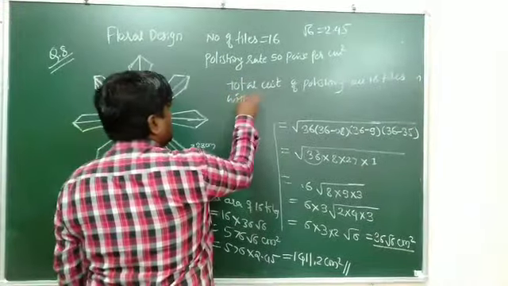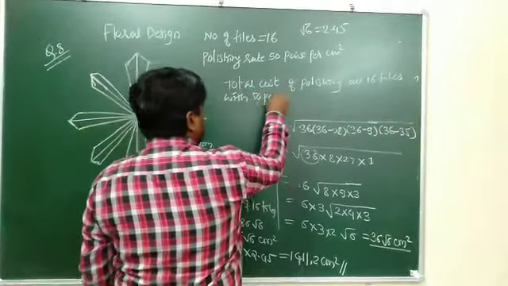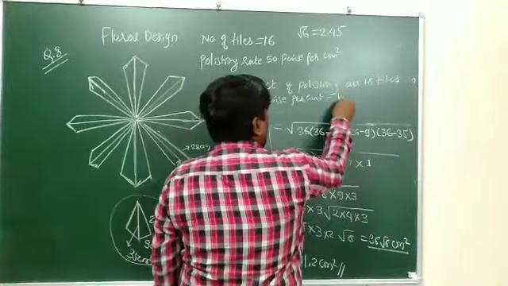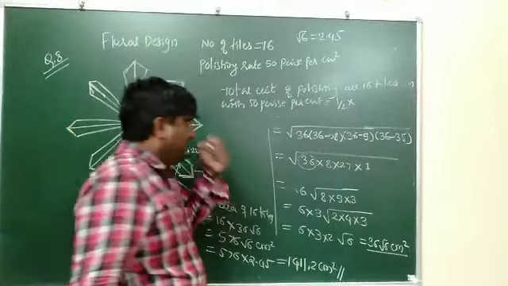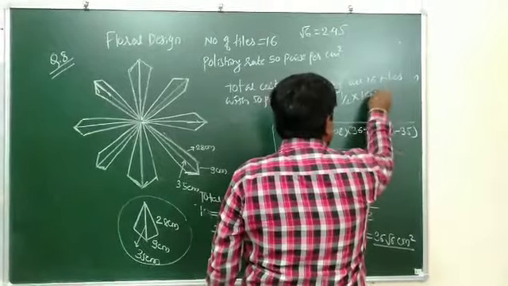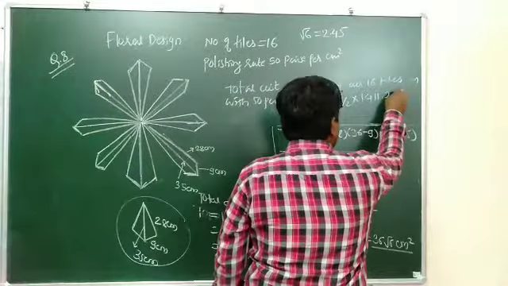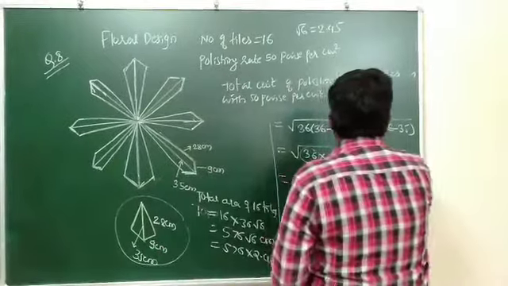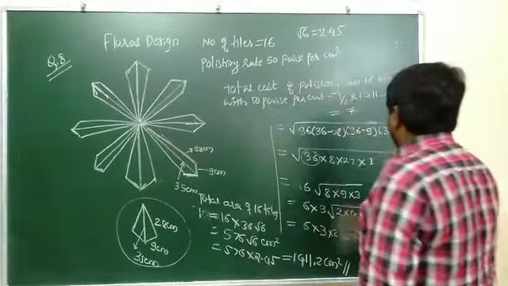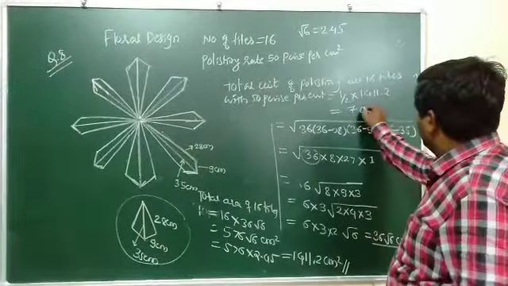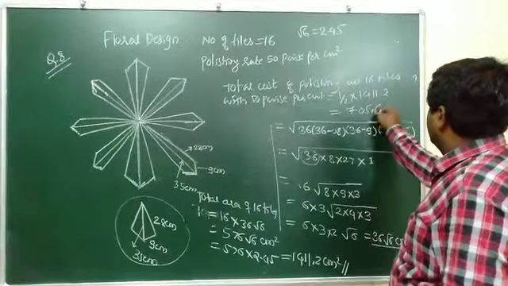with 50 paise per centimeter square is 50 divided by 100, which gives 1 by 2 rupees, into 1411.2. It comes around: 2 sevens are 14, 0, 2 fives are 10, 2 sixes are 12.